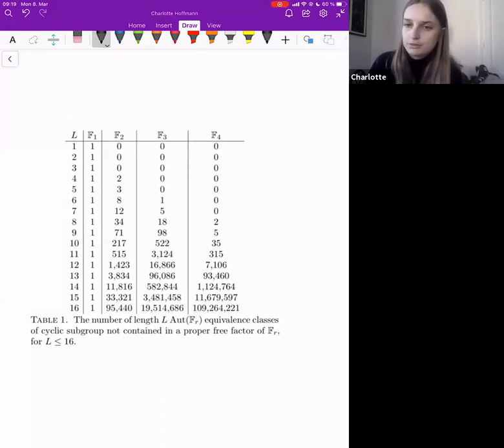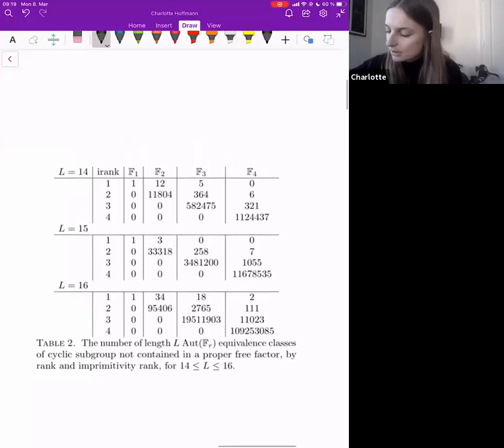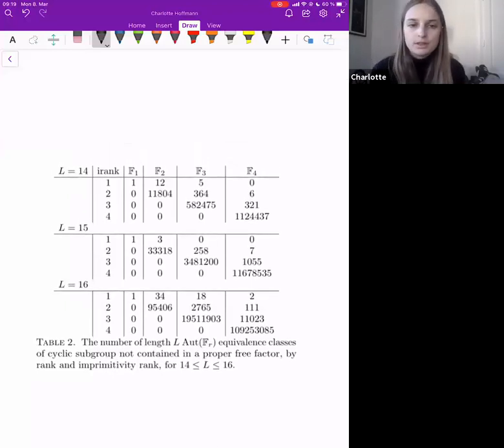Because for length 17, we first did the checks and then afterwards enumerated the groups and computed the imprimitivity rank, because this was just faster this way. Those are the groups, and here are just some numbers on the imprimitivity rank. You see that in most cases the imprimitivity rank equals the rank of the group. So that's all that I wanted to say, but I'm happy to take questions.